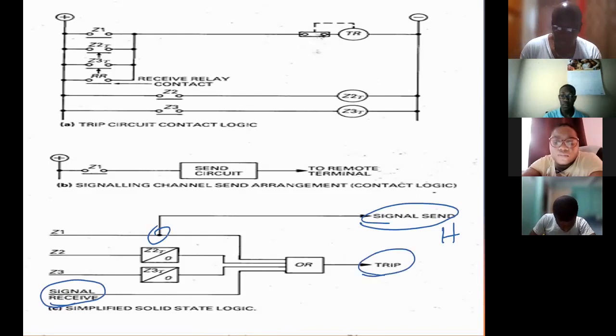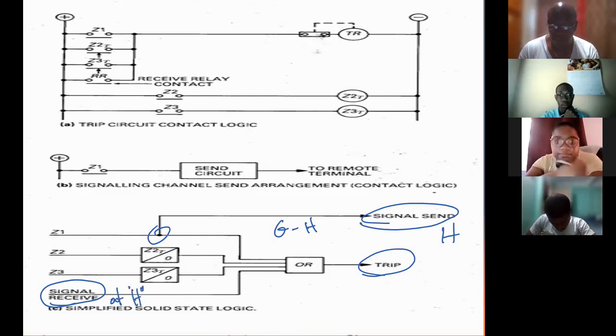So you see, this is G to H, yes? And at H, it receives. So this is at H. This is what is going from G to H.